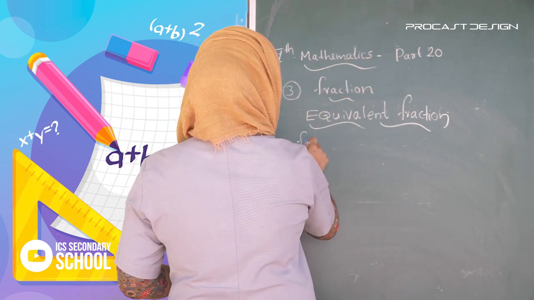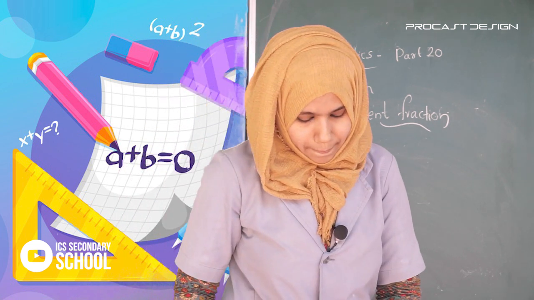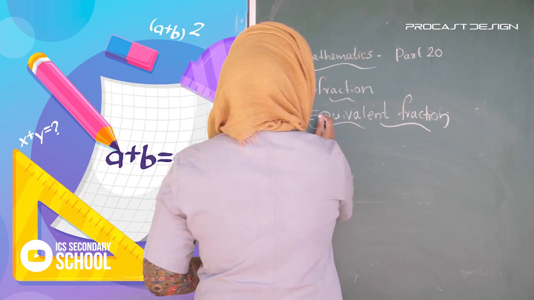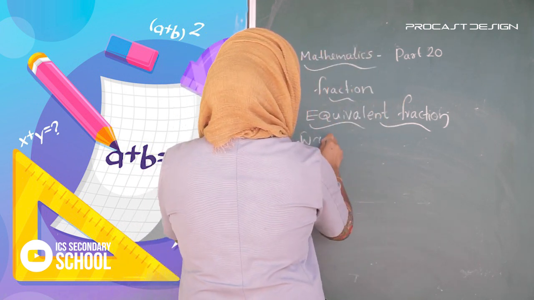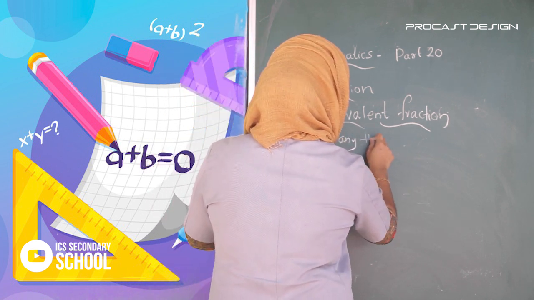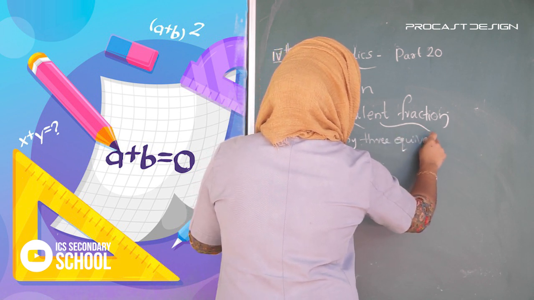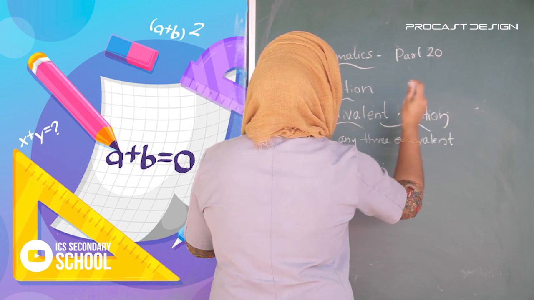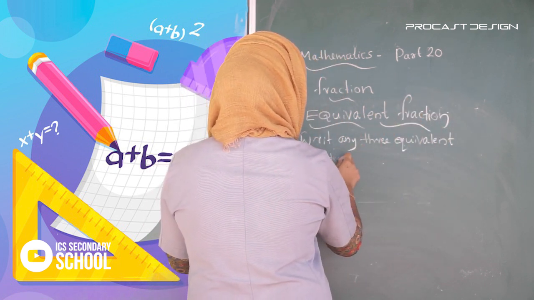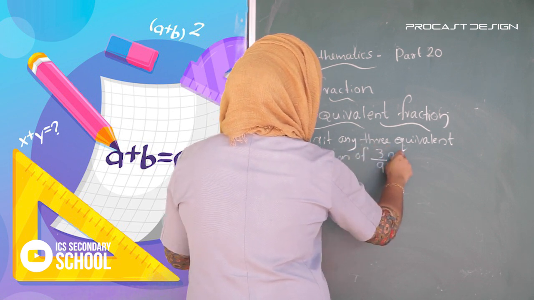Find any 3 equivalent fractions of 3 by 9.